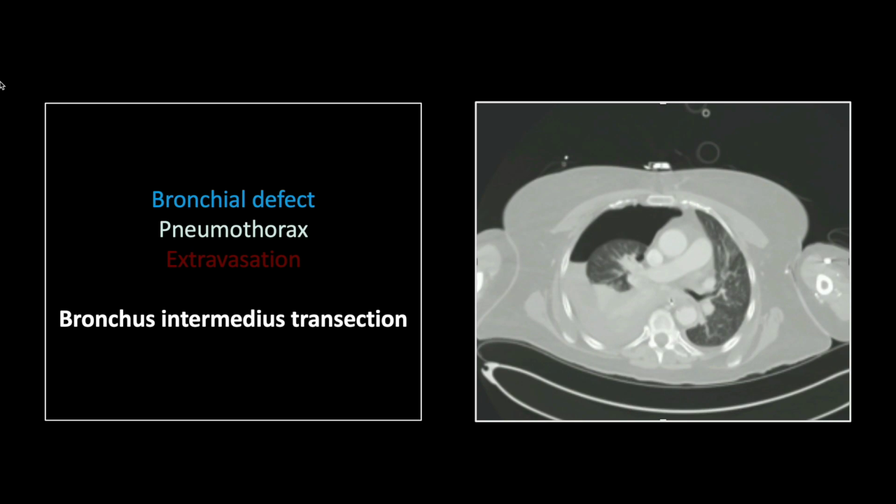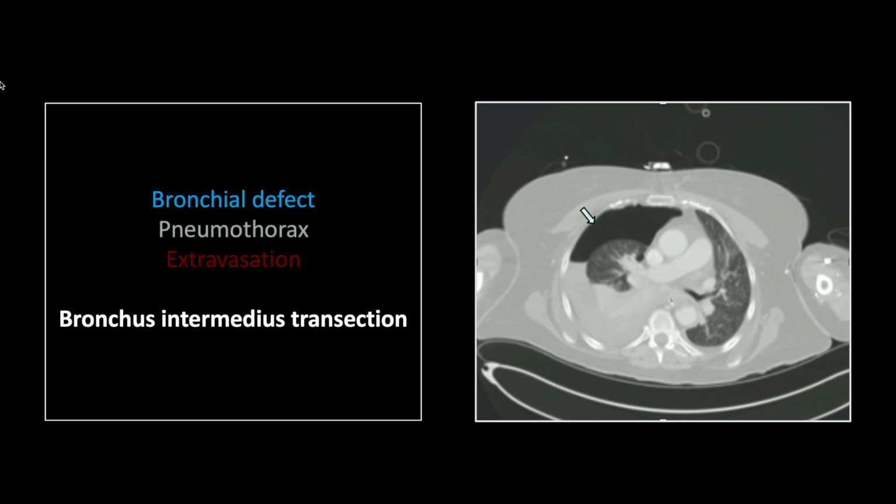Our companion case for this is an aggressive right mainstem / bronchus intermedius intubation with laceration or transection of the bronchus intermedius. So you can see here the bronchus intermedius is not visible. We should see an air column at this level here below the carina, and it is not visible.